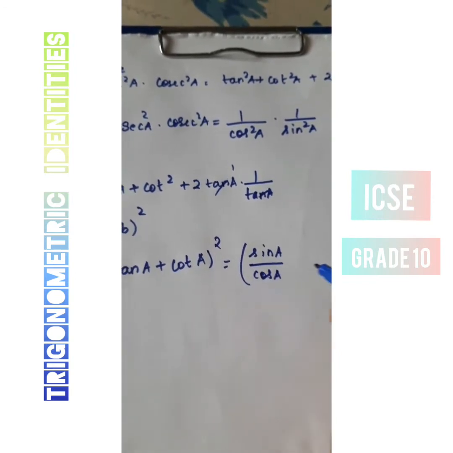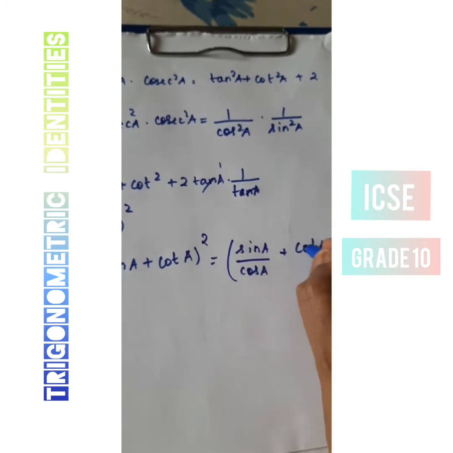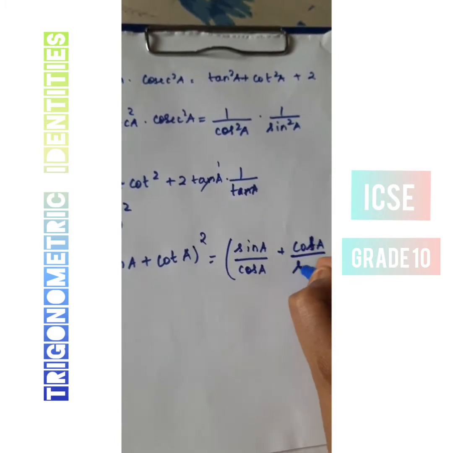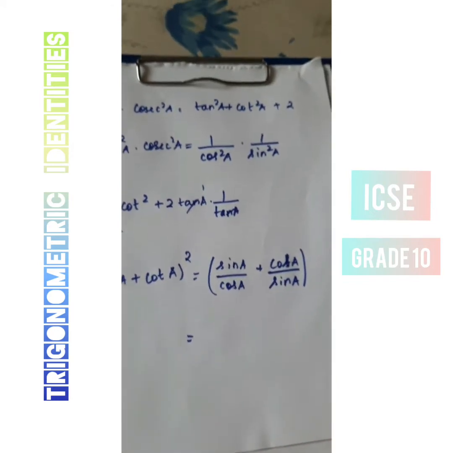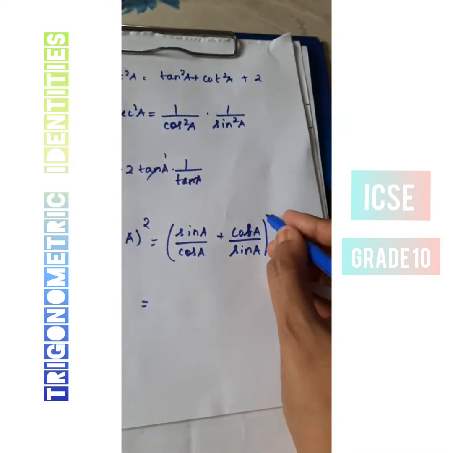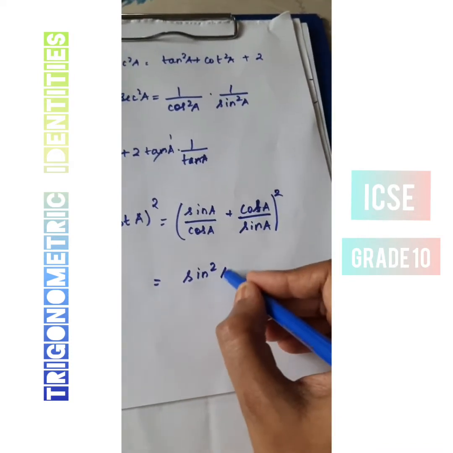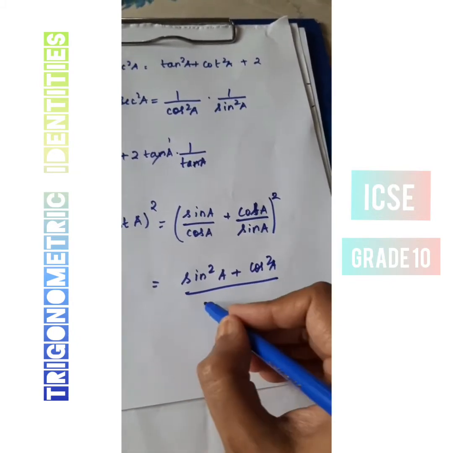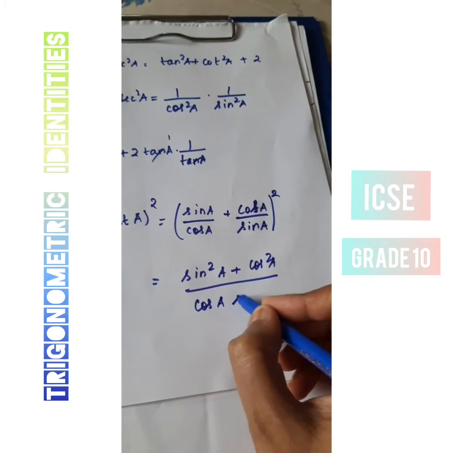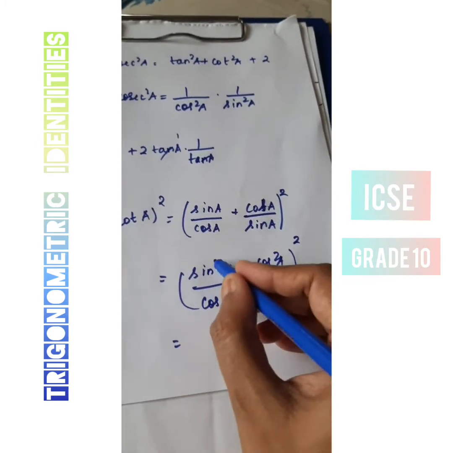So tan can be written as sin a by cos a, and cot can be written as cos a by sin a, whole square. Now we can take LCM, that's (sin square a plus cos square a) by cos a sin a, or sin a cos a. Order doesn't matter with multiplication and addition, whole square.